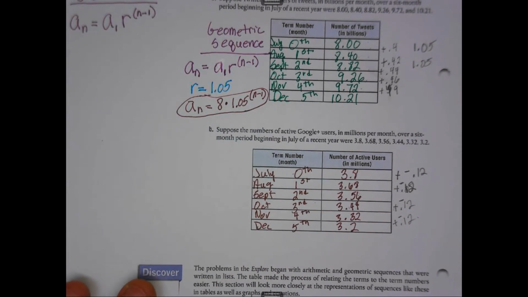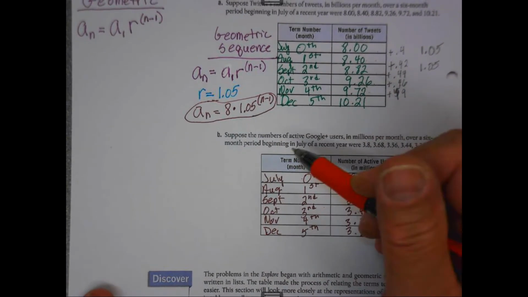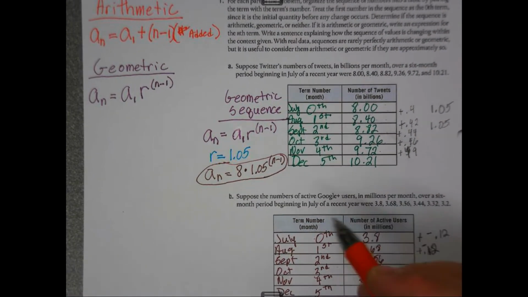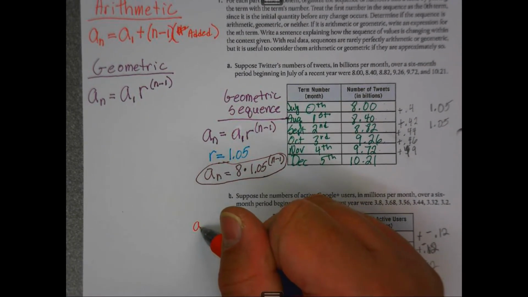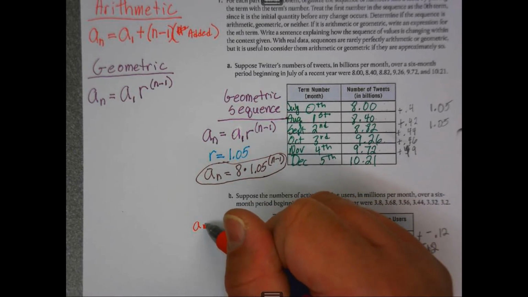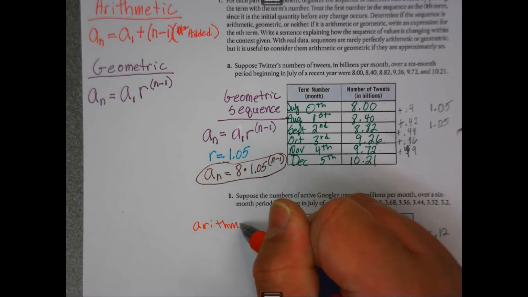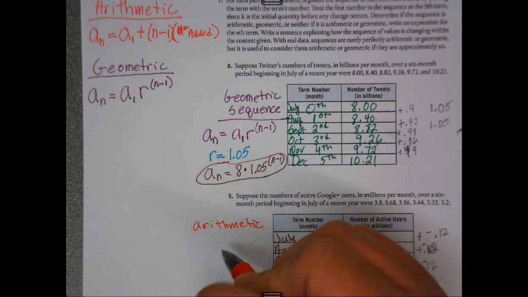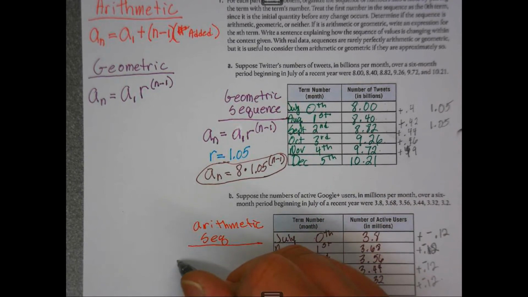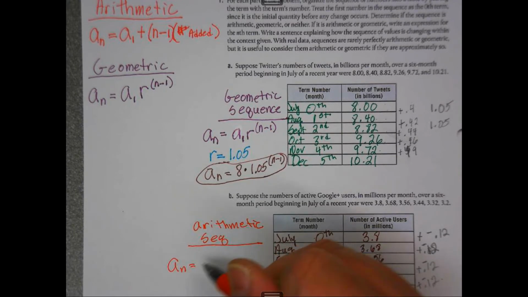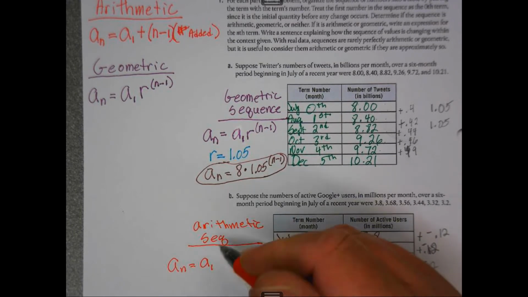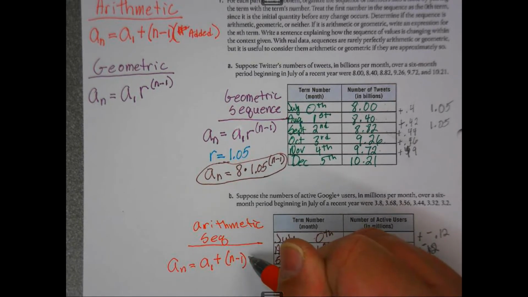So let's go to our arithmetic sequence. Our formula for the nth term is actually from the 0th term, but I'm going to use 1: the first term plus n minus 1 times the number added.